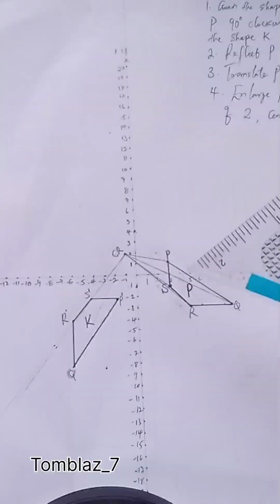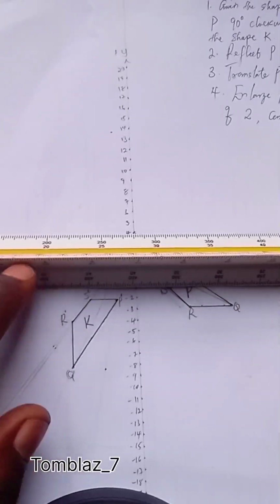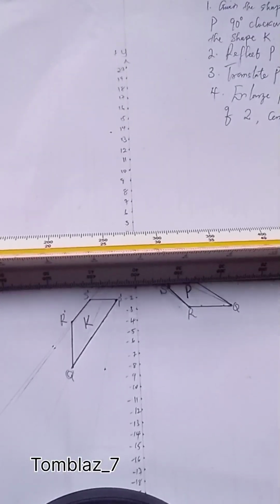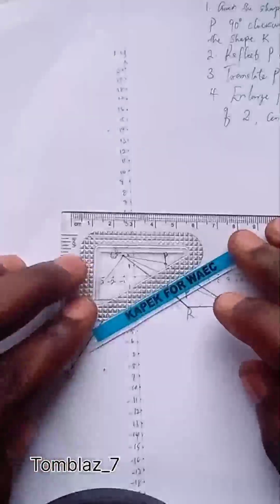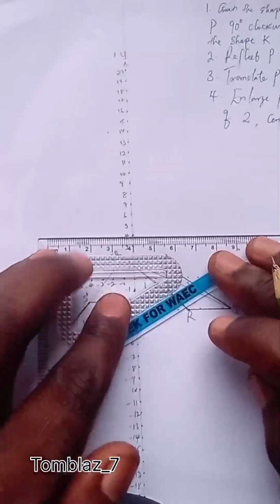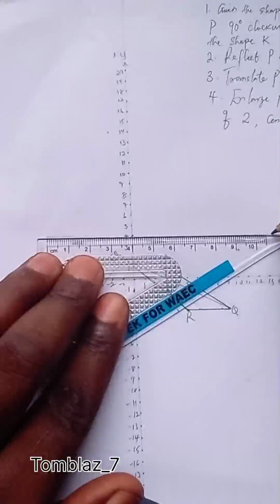Okay, so let's put our line at that portion where it is 4 so that we can reflect it, right? Okay, let me use this. I like this because it's transparent. This set square. Okay, so from here we'll just take a straight line this way.